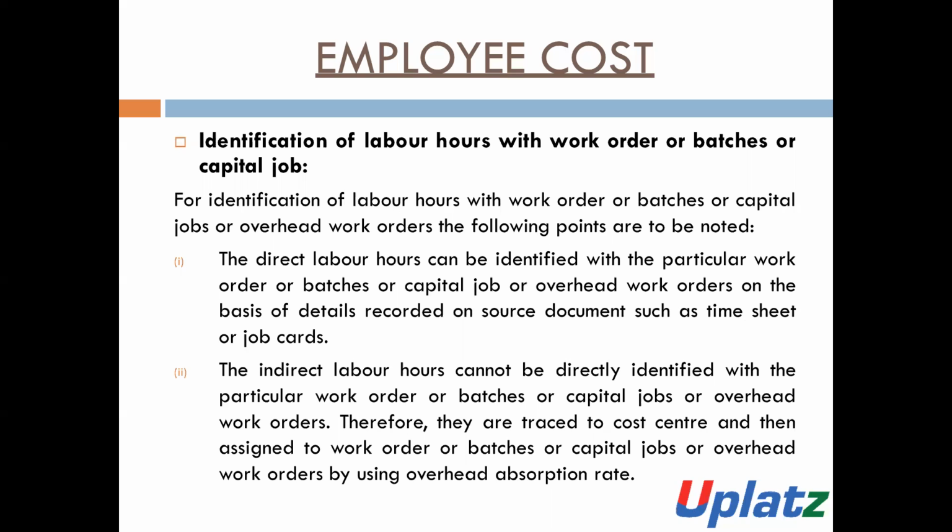That is, the direct labor hours can be identified with the particular work order or with the particular batch or capital job or overhead work order on the basis of details which are recorded on source documents such as timesheet or job card. And point 2 is the indirect labor hours.